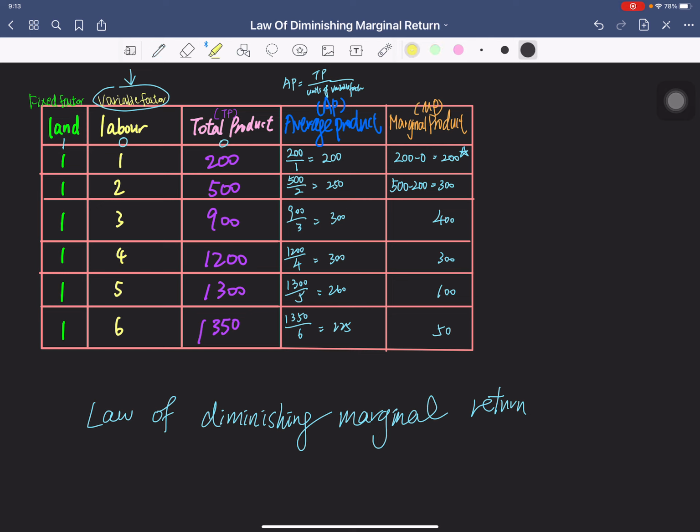So in this example, you can notice that when the fourth unit of labor is added, the marginal product will start to decrease.